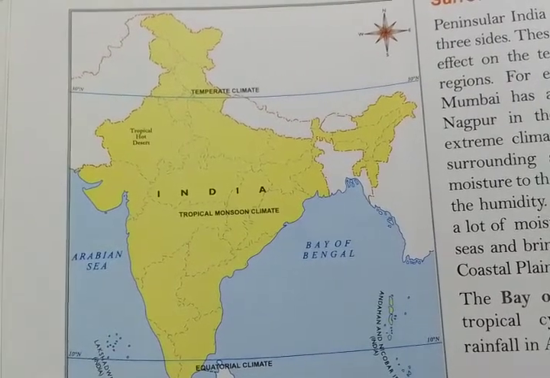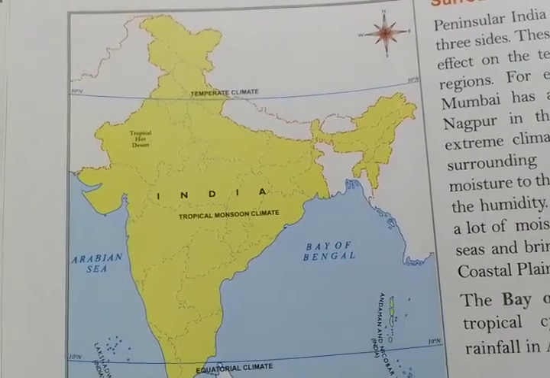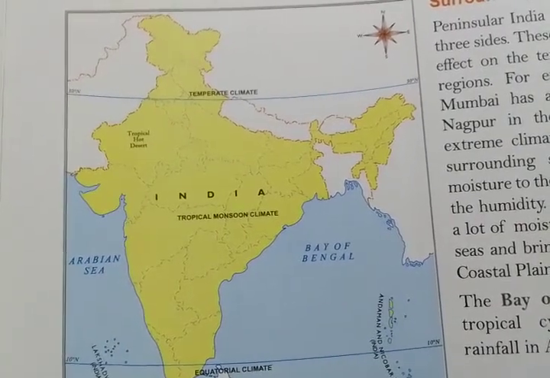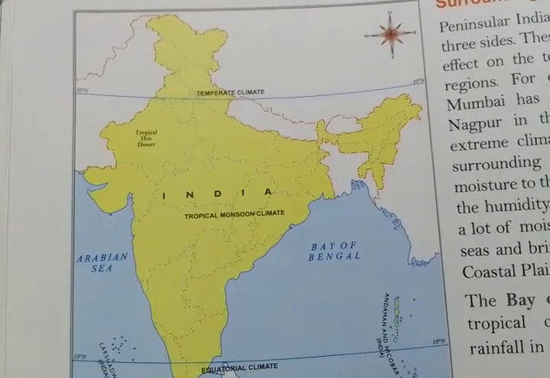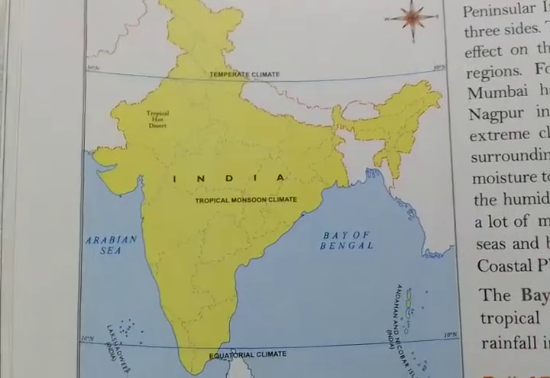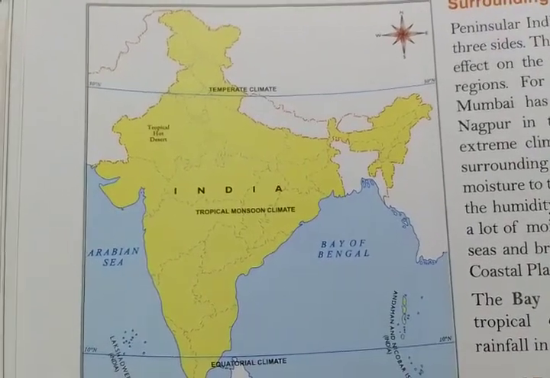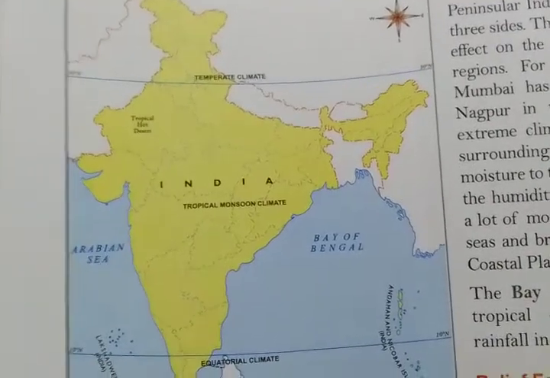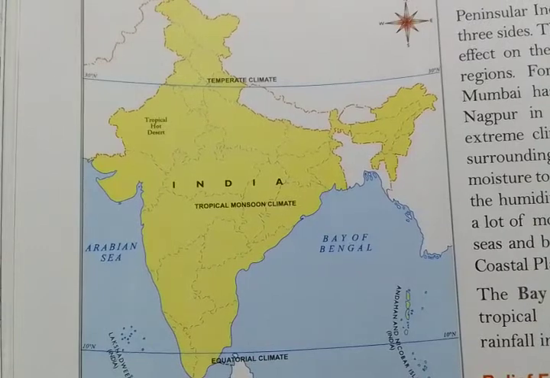And for that reason, the region to its south experiences tropical climate. In this region, sun rays are nearly vertical throughout the year and seasonal variation is low.